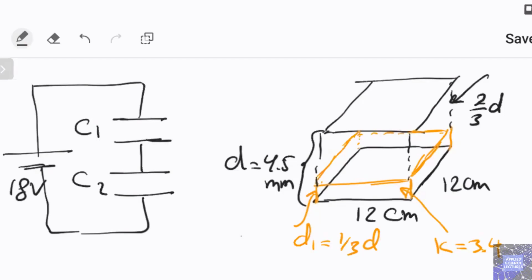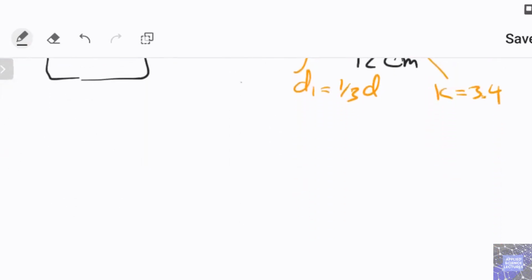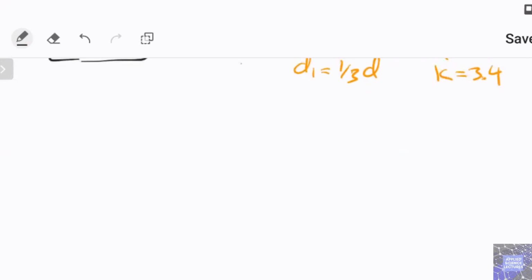So in this case, now if we want to calculate the capacitance C1, we can use the ideal equation for calculating the capacitance, which is C equals epsilon A over D, where D is the gap between the two electrodes and A is the overlap area, and epsilon is the material permittivity.